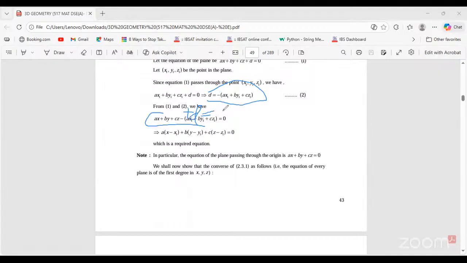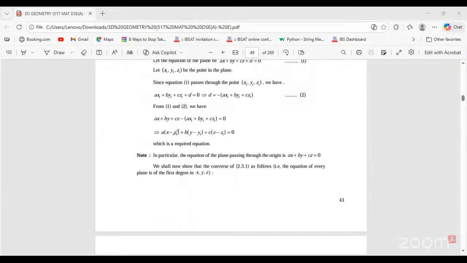After substituting the d value from equation 2, we get ax plus by plus cz minus of ax1 plus by1 plus cz1 equals 0. So ax minus ax1 plus by minus by1 plus cz minus cz1 equals 0.